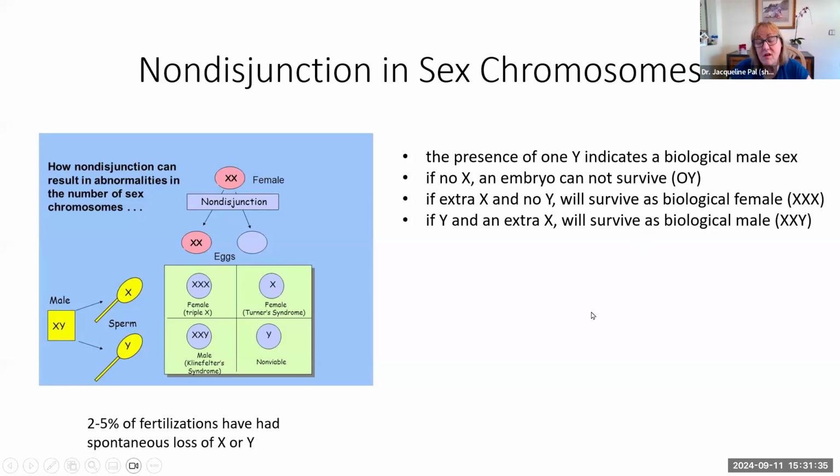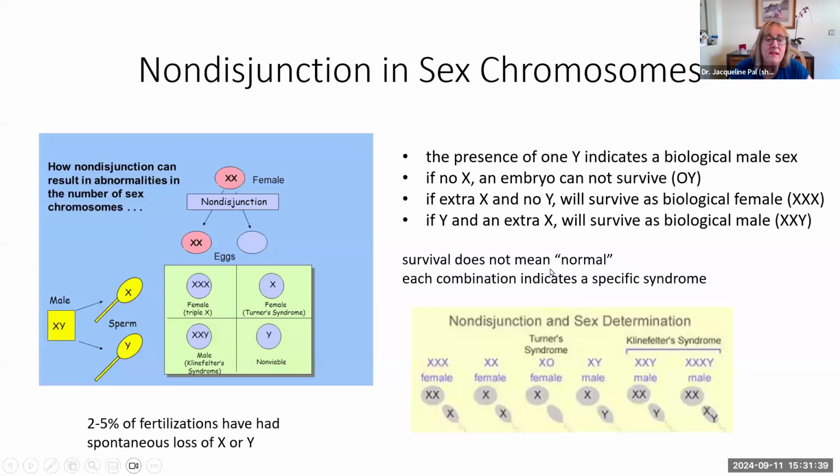And you won't even know that unless you have a karyotype done. Now, a lot of these people are normal, and sometimes, as in Turner syndrome, you do have a syndrome, you survive, but you are not, quote, normal. So different combinations give different syndromes, which have different clinical manifestations.